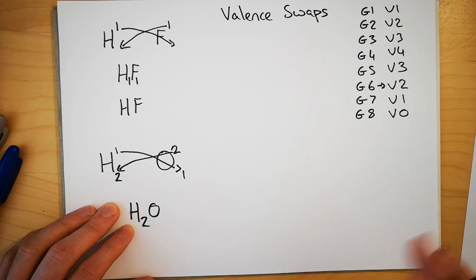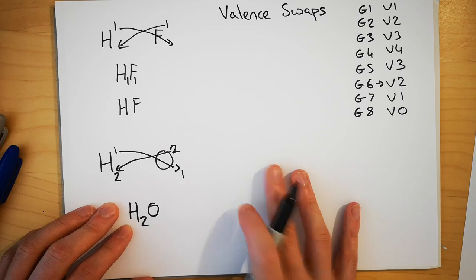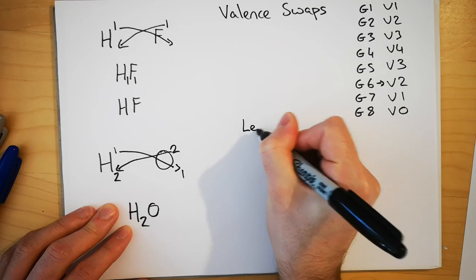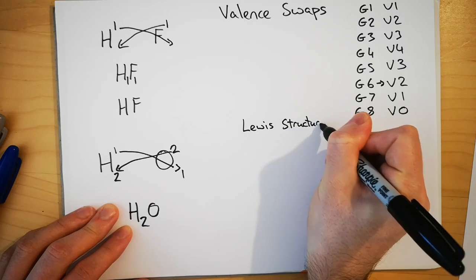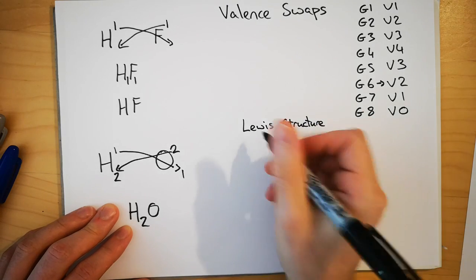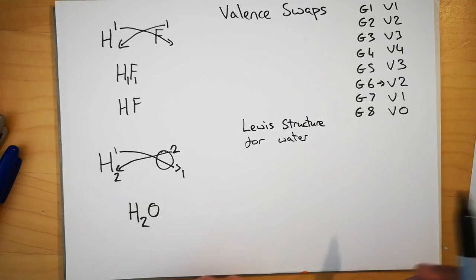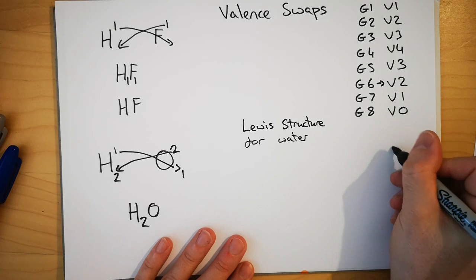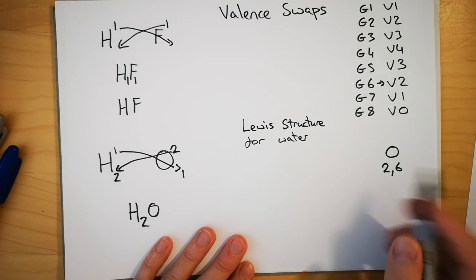And we have water. Now, what I want to do is actually show you this in terms of the Lewis structure, or Lewis diagram, for water. Now, oxygen has an electron arrangement of 2, 6.